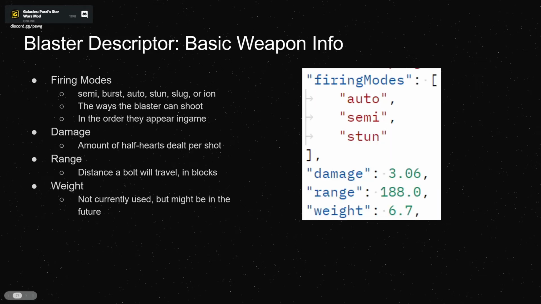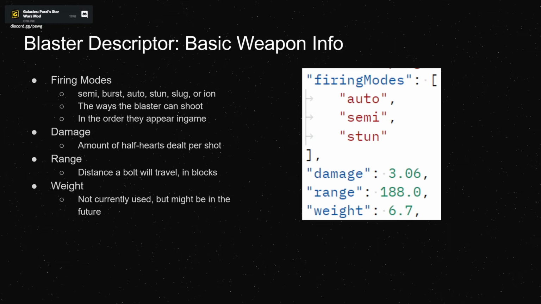The next block of things are some basic weapon information. The firing modes define in what ways you can operate the weapon and in what order they appear to the player. So when you first get this particular weapon, it is going to be in automatic mode, since that's what's first. Then if you cycle the firing mode, you'll reach semi-automatic and then stun, and then it'll wrap back to automatic.